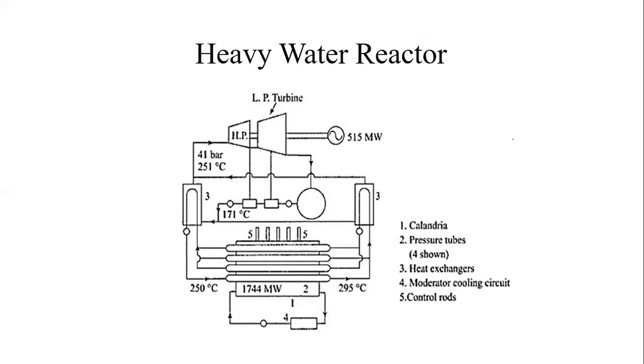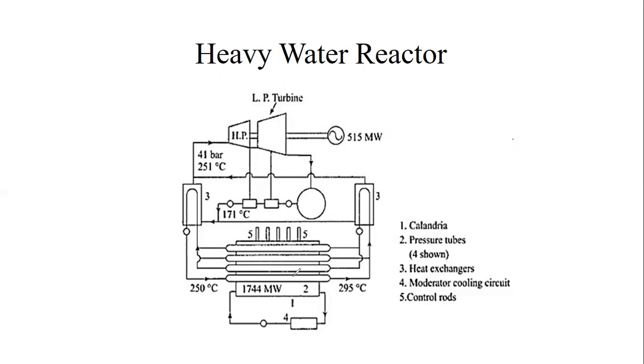In the schematic of the heavy water reactor, there are different sections and different parts. First is the calandria. This is the actual part of the heavy water reactor.